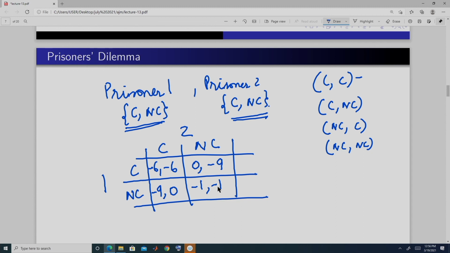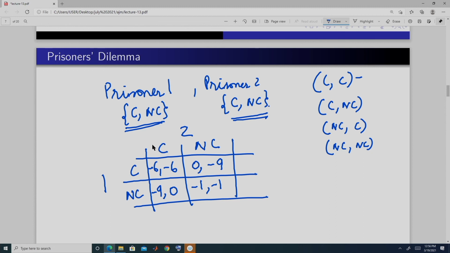So, each of them should prefer this outcome, right, because it is 1 year, 1 year. The first element is for player 1, the player whose actions are specified in the row, and the second element is for player 2, whose actions are represented in the columns. Okay.